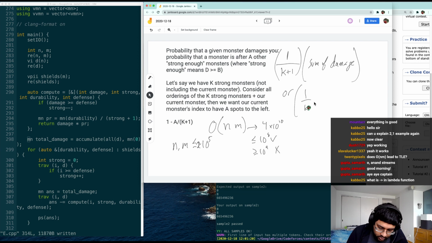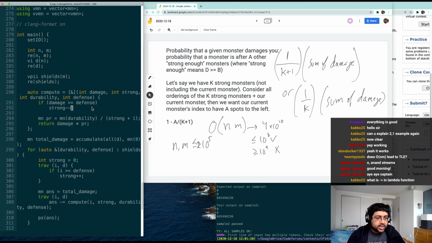I'll write it like this. Or 1 over k times the sum of damage. And the reason there's a little bit of trickery here is because k actually depends on the damage itself, whether or not we want to do this strong minus minus. But we can just split all the damage into two separate cases, whether it's bigger than that or smaller than that.